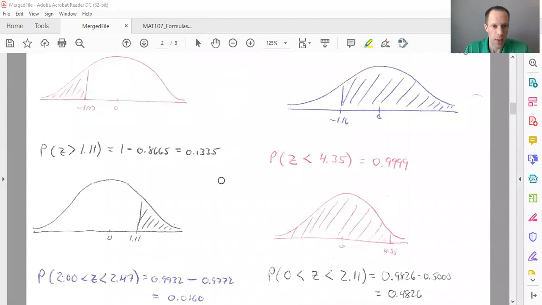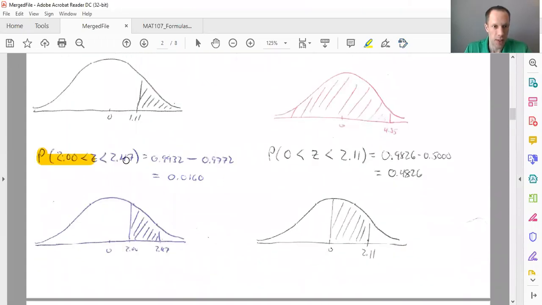Now we might also see questions like this one where it says the probability that z is between 2.00 and 2.47. So if I draw my bell curve and put 0 in the center, I can mark down 2.00 and 2.47 and shade in between. Now, in order to figure out how much area we have here, we're going to look up the 2.47 first.